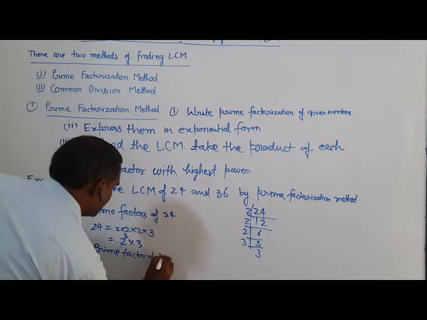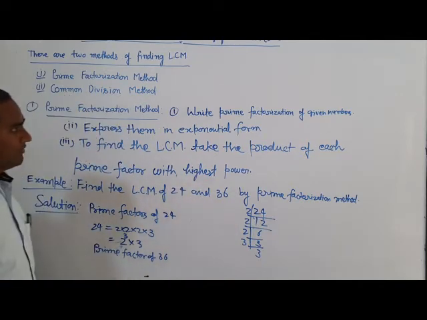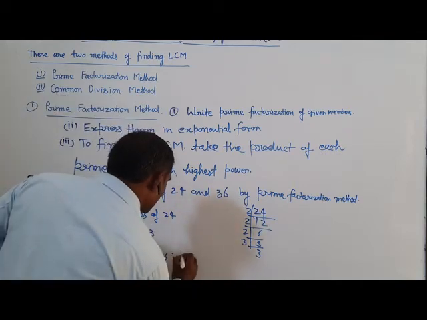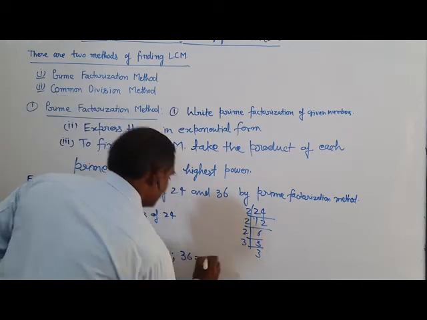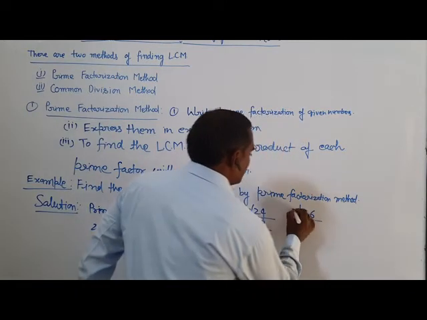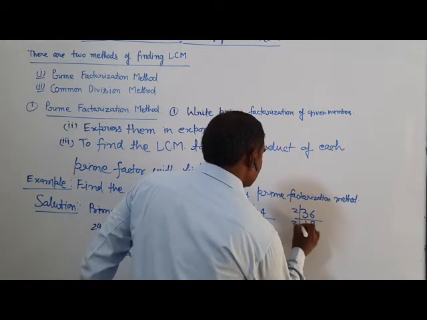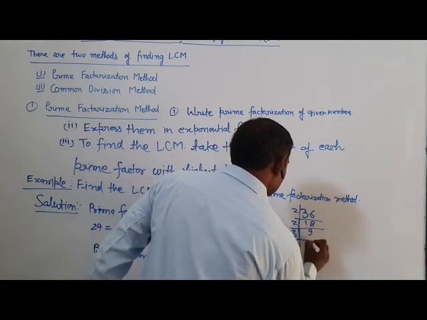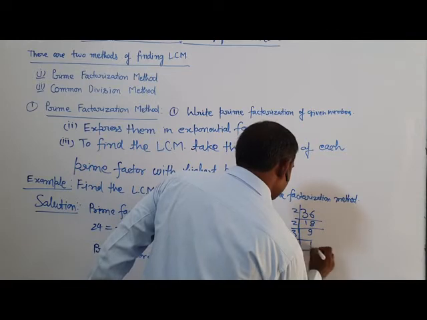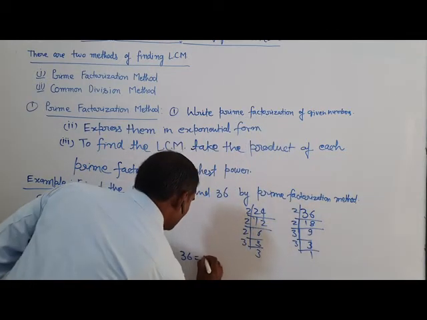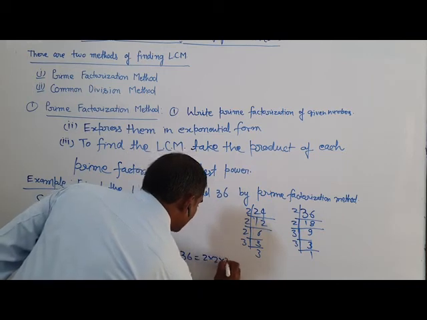Now we have to find the prime factors of 36. 36 is equal to, factorize 36: 2 ones are 2, 2 twos are 4, 2 nines are 18, 3 ones are 3, 3 threes are 9, 3 ones are 3. So 36 is equal to 2 into 2 into 3 into 3.